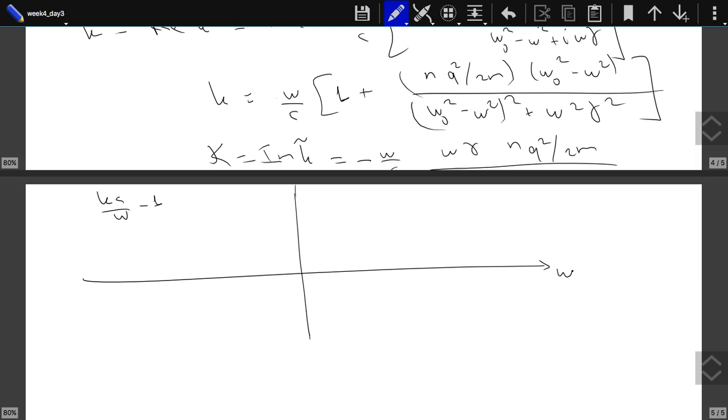So let me plot kc over omega minus 1 as a function of omega. What does it look like? When omega is equal to omega 0, it crosses 0. When omega is larger than omega 0, it is less than 0. When omega is smaller than omega 0, it is larger than 0. When omega goes to plus or minus infinity, it just goes to 0. So it basically looks like this.